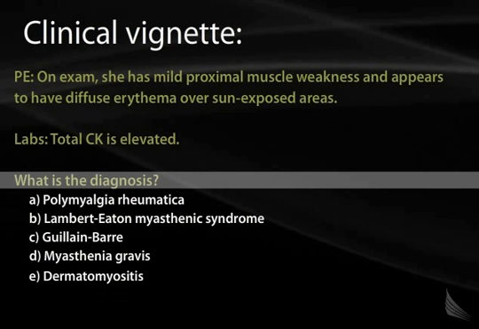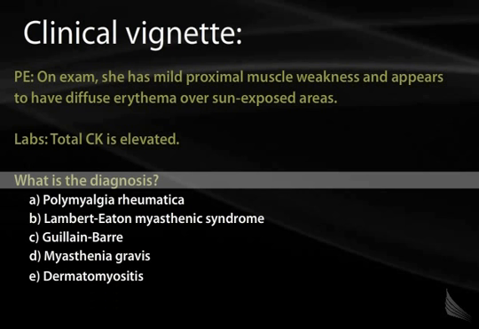It's important to put together some of the key clinical features here. We have a patient who has proximal muscle weakness, and recall in a previous discussion that proximal muscle weakness is almost always found associated with diseases of muscle or diseases of the neuromuscular junction. The other very important piece of information here is that the patient has a high level of creatine kinase.